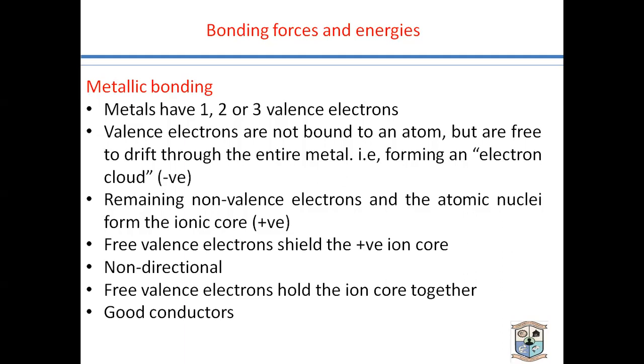What else do we know about metallic bonds? That they are non-directional, and the free valence electrons hold the ion core together. And also, as we know, metallic bonds are good conductors, and metals are also good conductors.